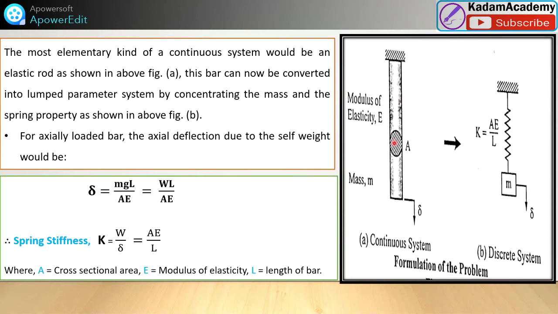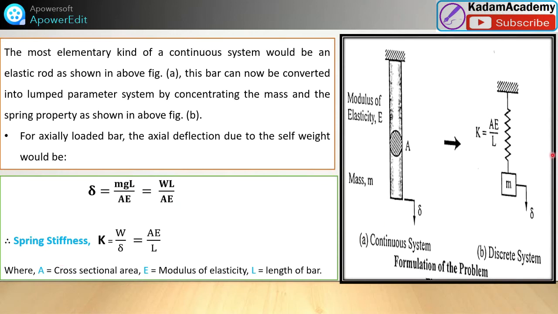Consider a continuous system, an elastic rod with cross-sectional area A, modulus of elasticity E, and mass m. How do we find this deflection del? By using the formula mgL by AE, that means W into the length of the elastic rod, with AE in the denominator.